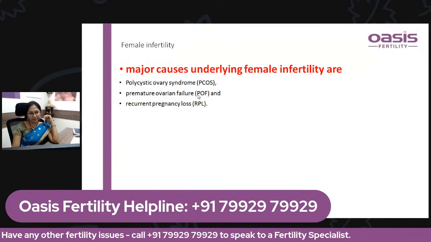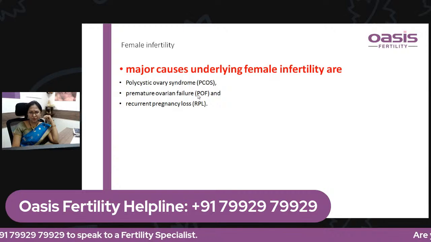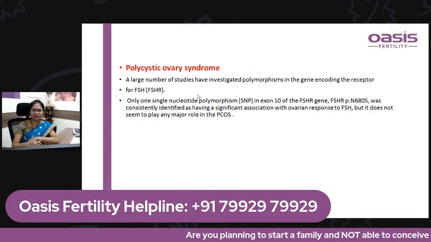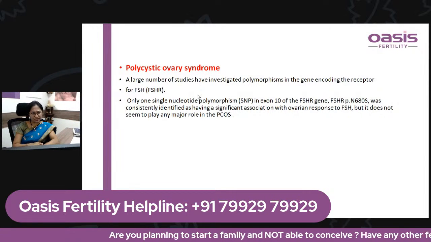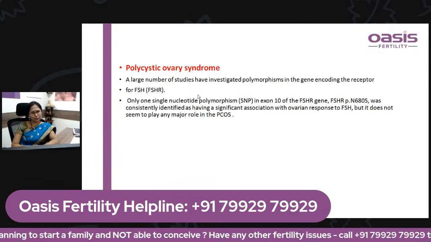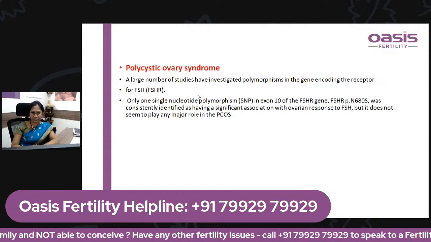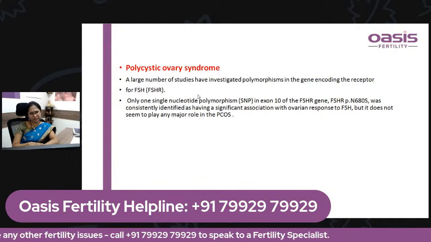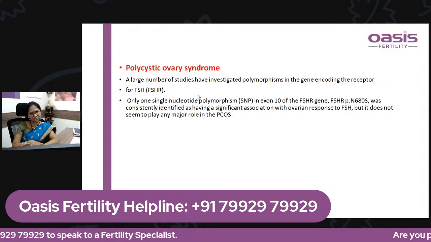Now coming to the female infertility causes: PCO, premature ovarian failure and recurrent pregnancy loss. In PCO, mainly FSH receptor polymorphism genes will be seen in a few cases of polycystic ovarian syndrome. When they are subjected to gonadotropins, there will be no response from the follicles, so these patients have FSH receptor problems.